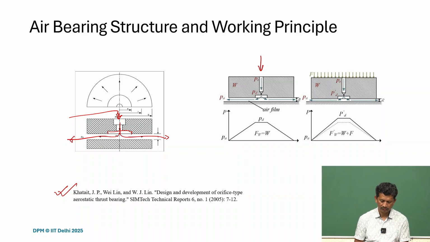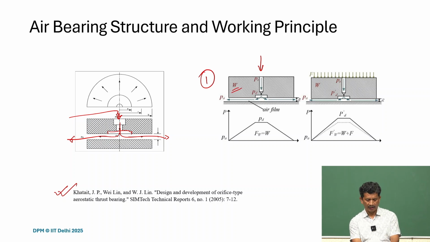What you see in the first diagram is that air is fed through and W is the initial load, suppose. Once air is fed, there is a restrictor and a pocket here, and then along the bearing surface the air will just bleed through.